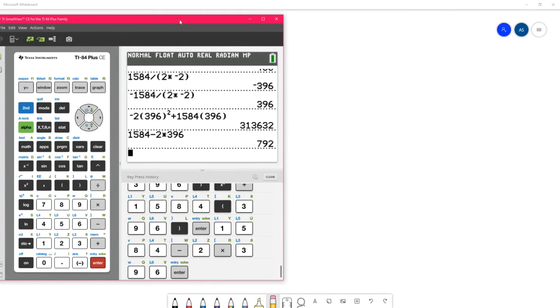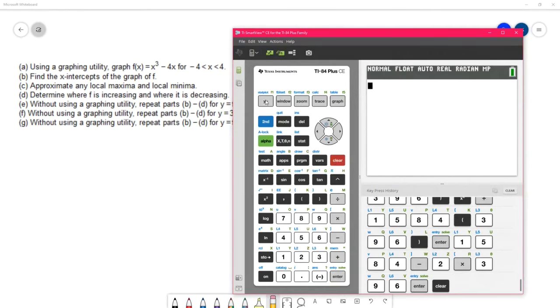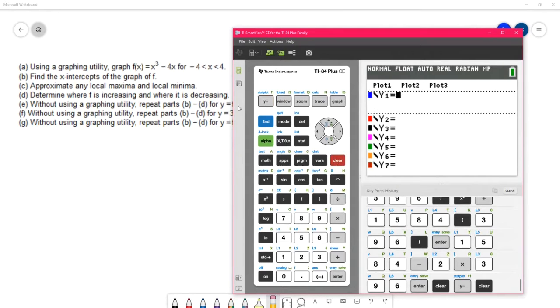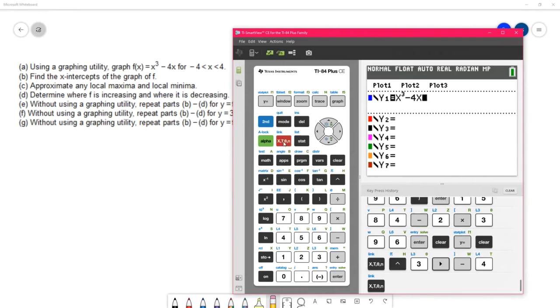Okay. In my y equals menu, I'm going to type our function that we're working with, x cubed minus 4x. We've got x to the third power minus 4x.